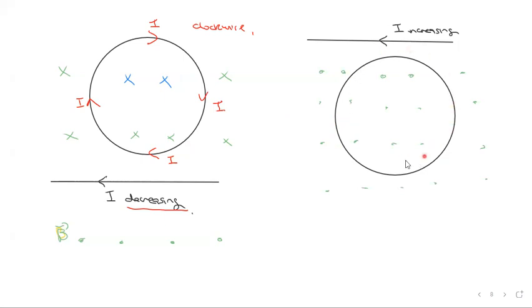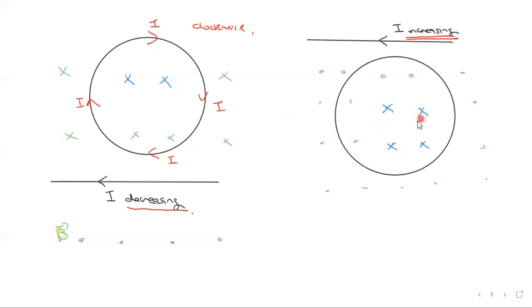So now they've got out of the page, but it is increasing. As it's increasing, that means the club is getting more and more members, because it's getting stronger. The club wants to stay exclusive. It doesn't want that many members. So it needs to cancel out some members. The members here are out of the page, so it needs to get some into the page to cancel some out.